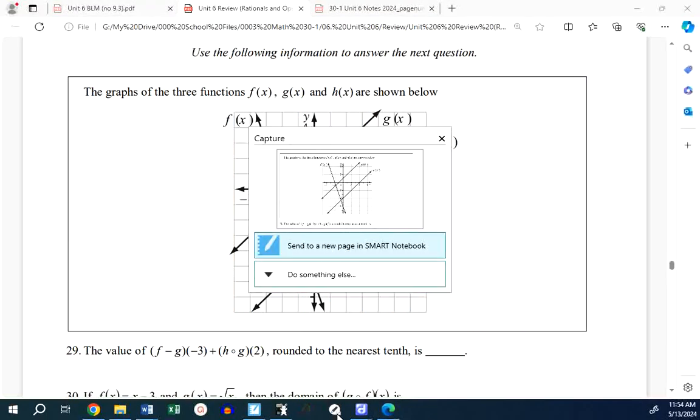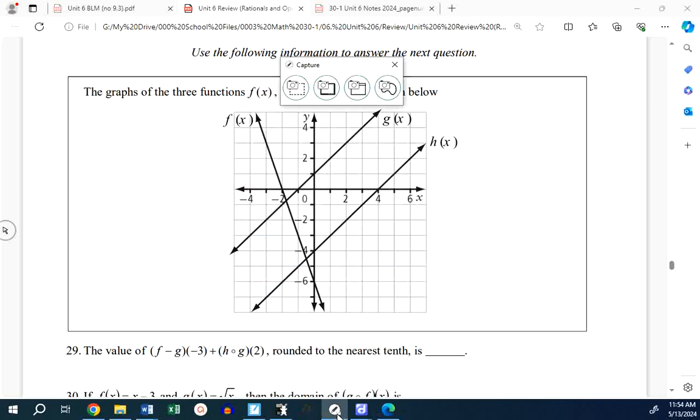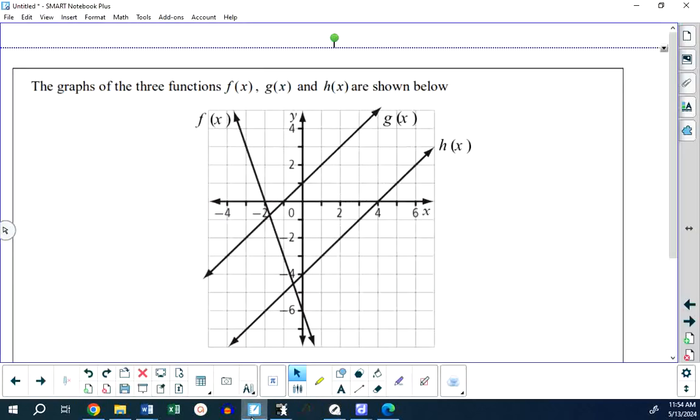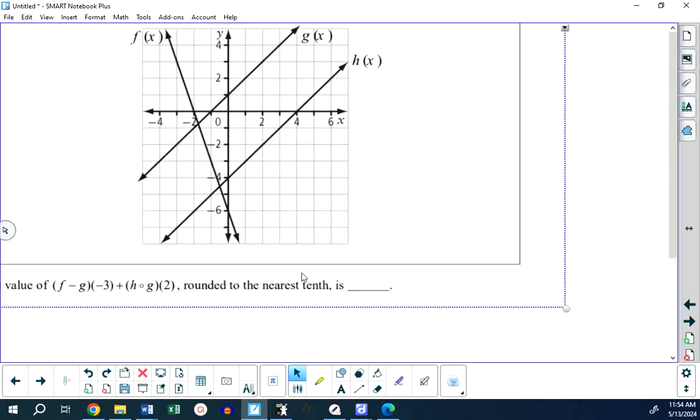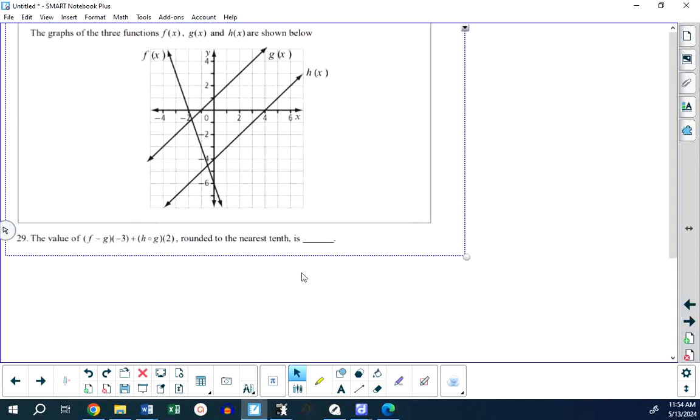So this is a marriage between an operation of functions, specifically a difference of f and g at a certain value of x, and a composition of functions, h of g, of a certain value of x. And what are we asked to determine? The value of f minus g of negative 3 plus h of g of 2. So, Paige, what we are asked to find here is this.